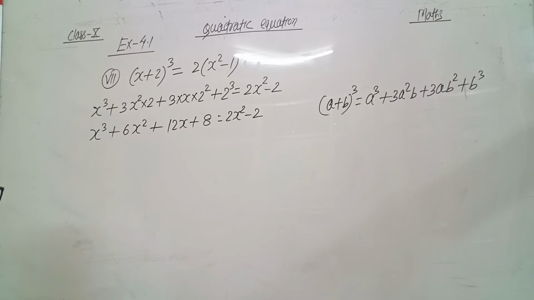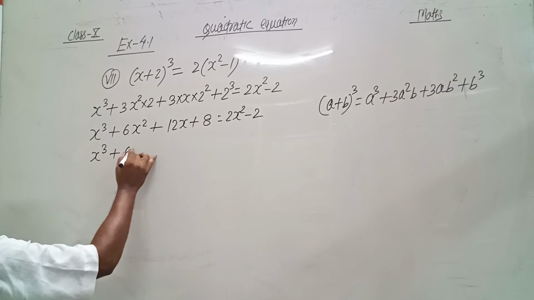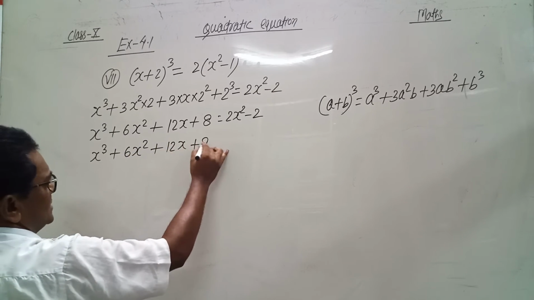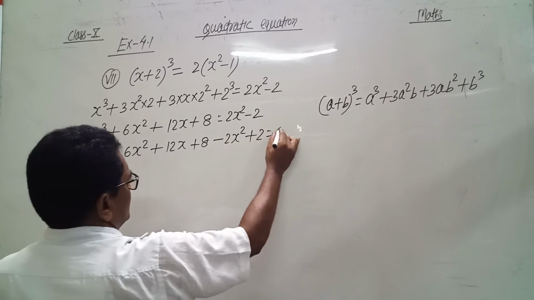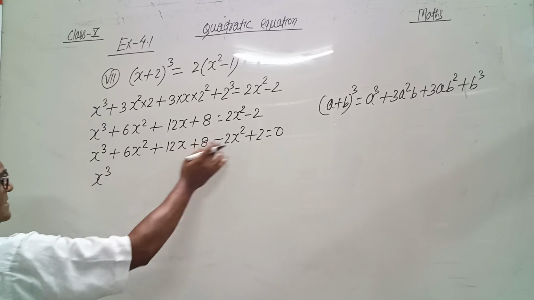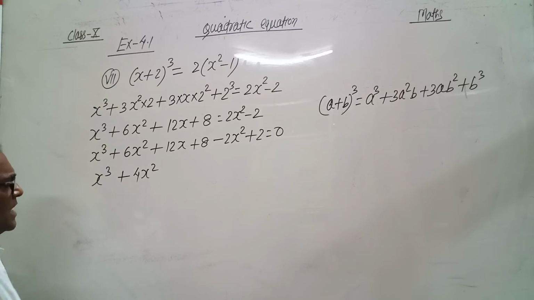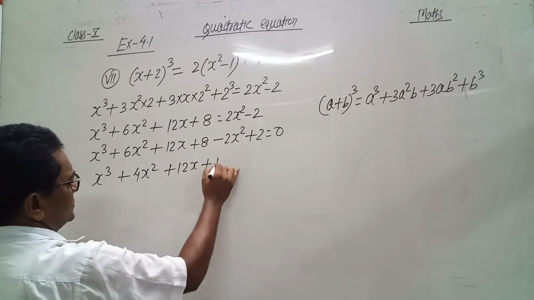These two terms go on left side, their sign gets changed. X cube plus 6x square plus 12x plus 8 and minus 2x square and plus 2 equals to 0. Now x cube, 6x square minus 2x square, that is 4x square, and plus 12x and plus 8 plus 2 equals 0.